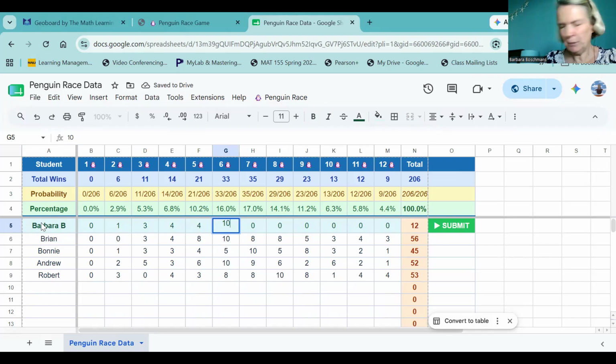And you'll see some other people have already played this game and entered their data. I must have miscounted. So enter your data and then go back to your handout.